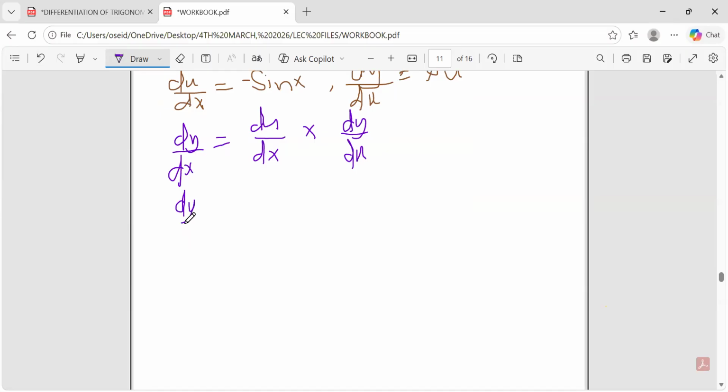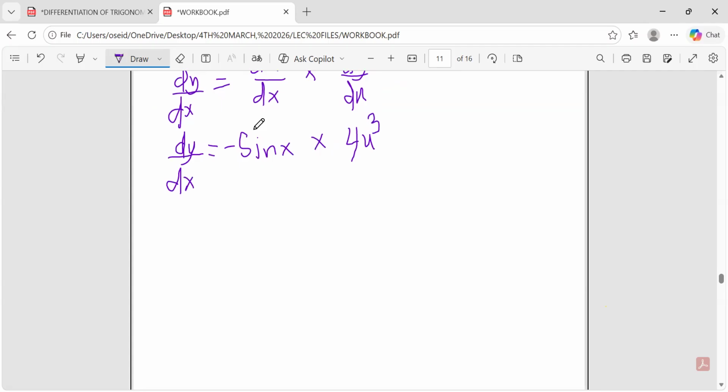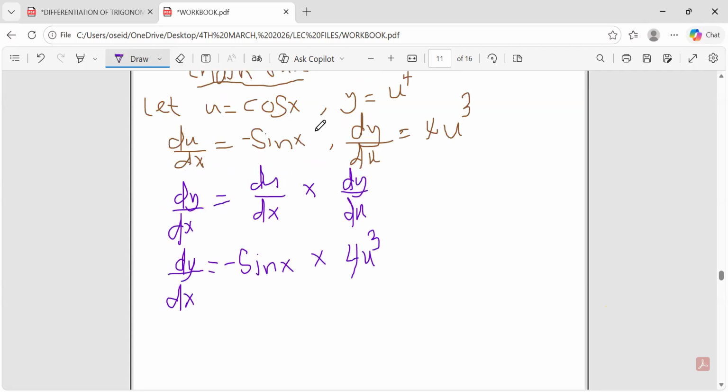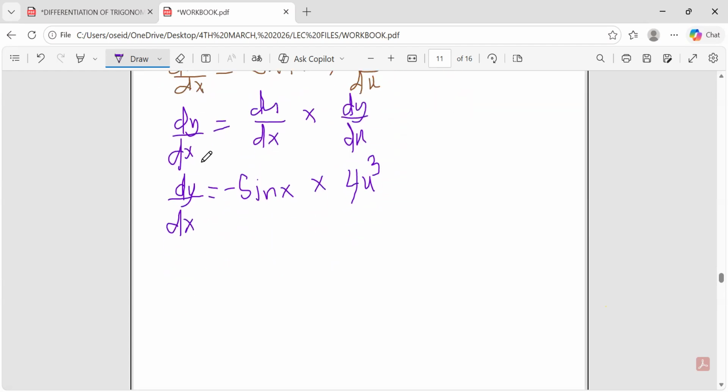So this will give us dy dx equals negative sine x times 4u exponent 3. But let's substitute the value for u first. So u equals cos x.